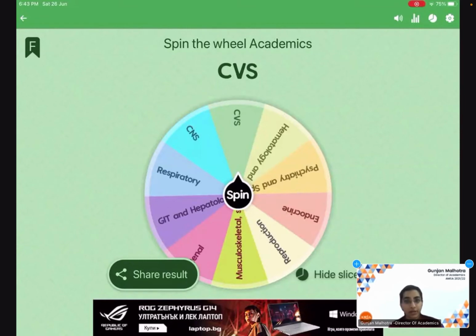This one's easy. Atrial septal defect, Ebstein anomaly, patent foramen ovale, tetralogy of Fallot, and ventricular septal defect. I would like to go with ASD. And it is absolutely correct. Congratulations, you get a plus 20.